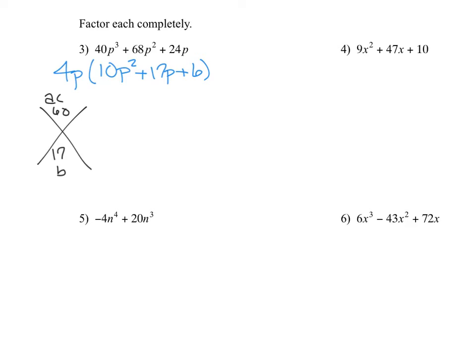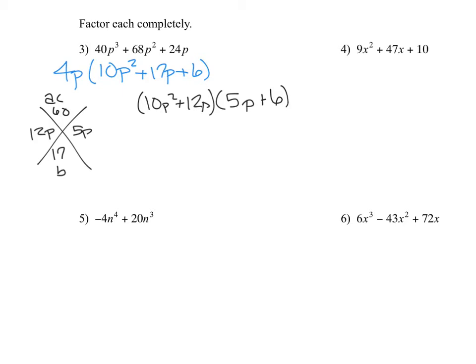So that's going to be 12 and 5. Now next to those, I'm going to put my variable of p. So what we're going to do is to break this down, we're going to have two sets of parentheses. We have our 10p squared and our 6 already in there, and then we're going to throw in these two factors, so plus 12p and 5p.